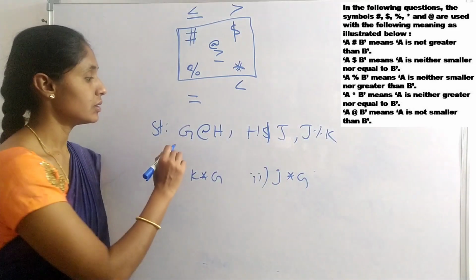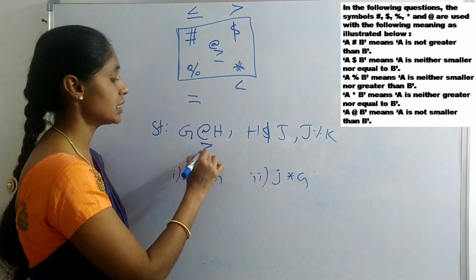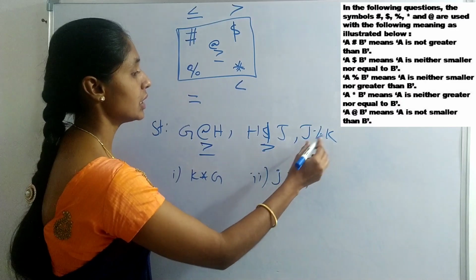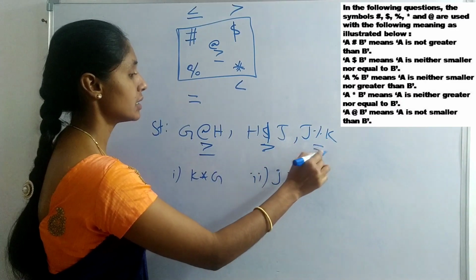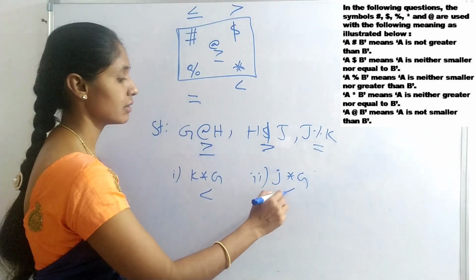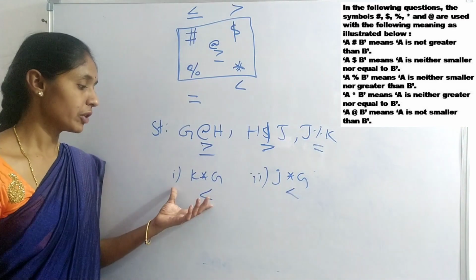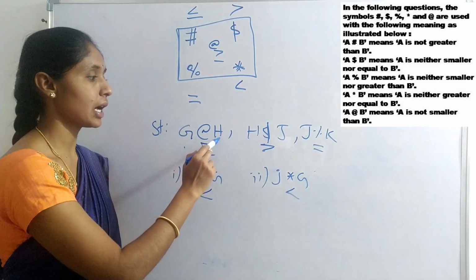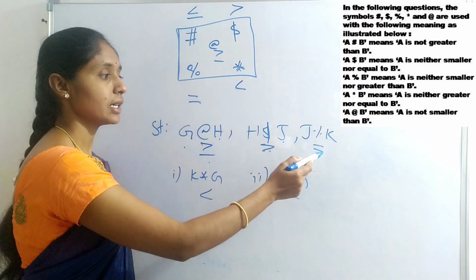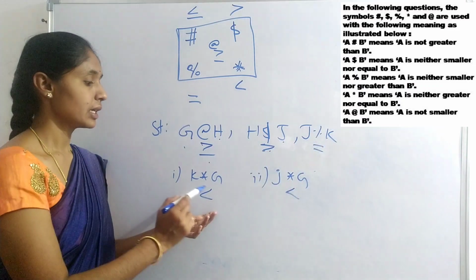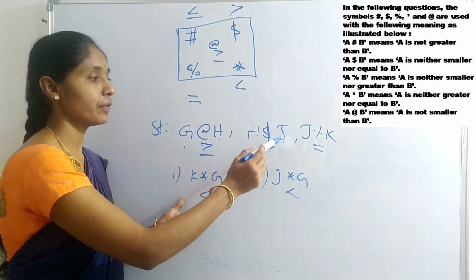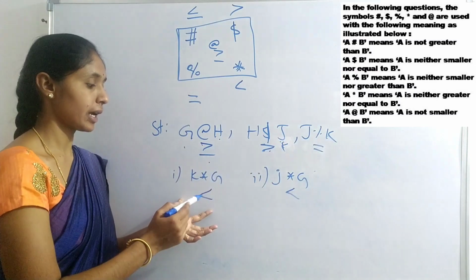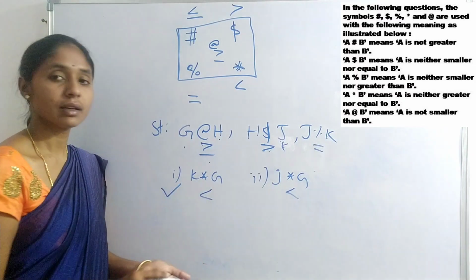Next question, G at H, H dollar J, that is greater than. J percentile K, that is equals to. Star means less than. From first conclusion, K less than G. So G greater than or equals to H greater than J, J equals to K. From this, K less than G. If we write K in place of J, G greater than K. So K less than G. This is right.